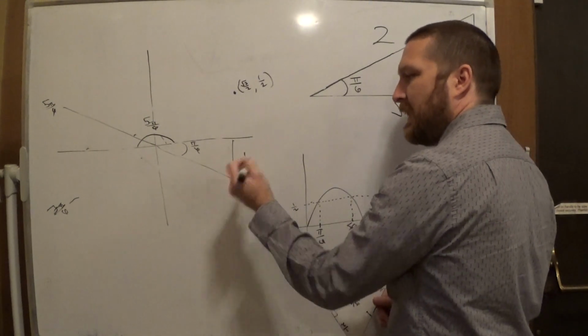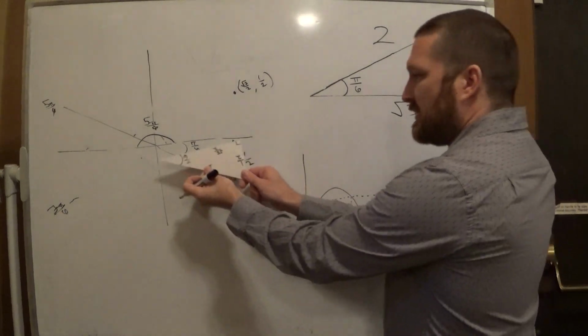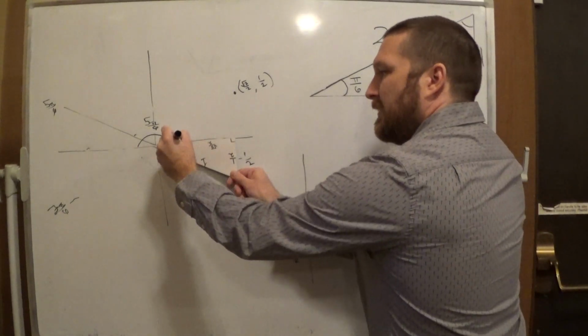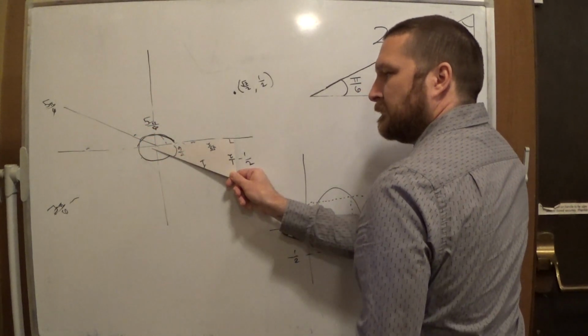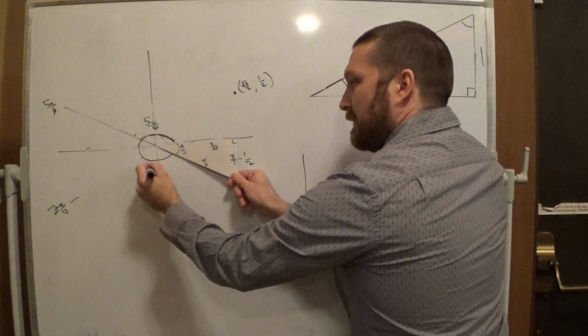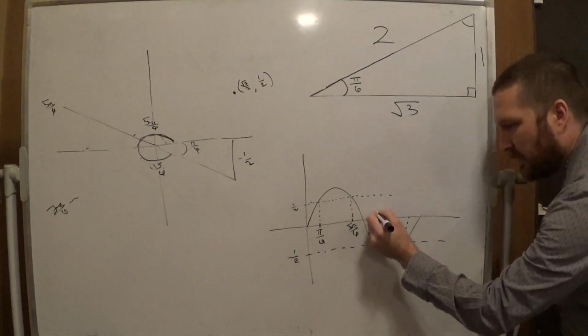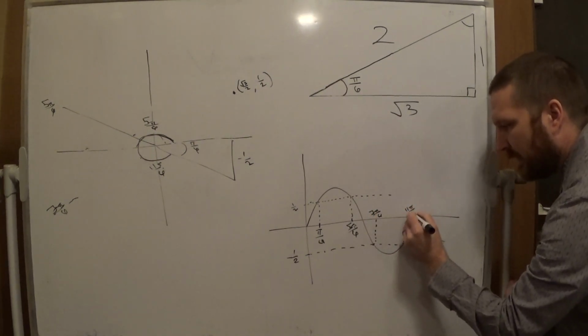That's negative 1/2 in the height direction. The only way to do that is with this very triangle, which means the actual full measure of this angle is 11 pi over 6. And so we have these two right here, which are 7 pi over 6 and 11 pi over 6.